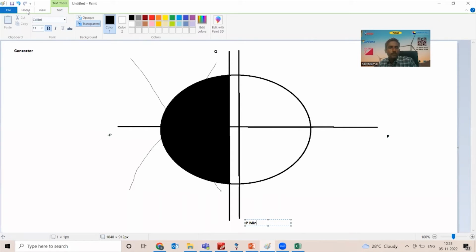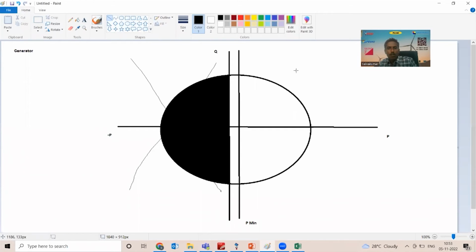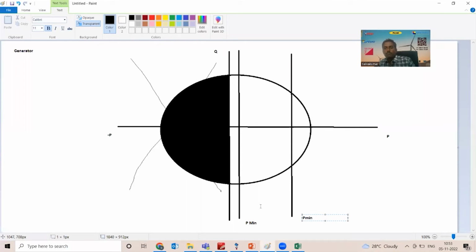What puts a cap on P is P max. That P max is dictated by the turbine capability. If I have a 500 MVA generator, that's literally a 400 megawatt generator with 0.8 power factor. You will not design a 500 megawatt turbine, you will design only a 400 megawatt turbine.